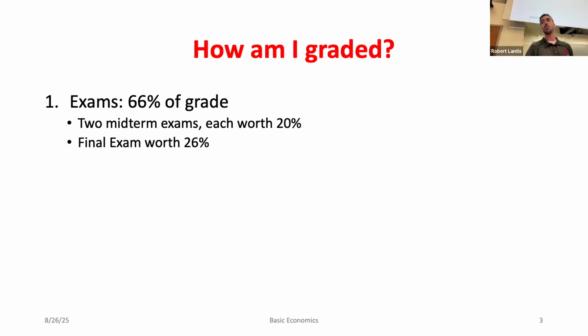So in this class, admittedly, exams are a pretty big part of it, right? About 2/3 of your grade, 66%, comes from exams. So this will be 2 midterm exams and a final, right? The final is going to be worth a little bit more than the midterms because this class, although it's not going to be a cumulative final, it's going to be comprehensive. Everything we do in this class builds on itself, right?